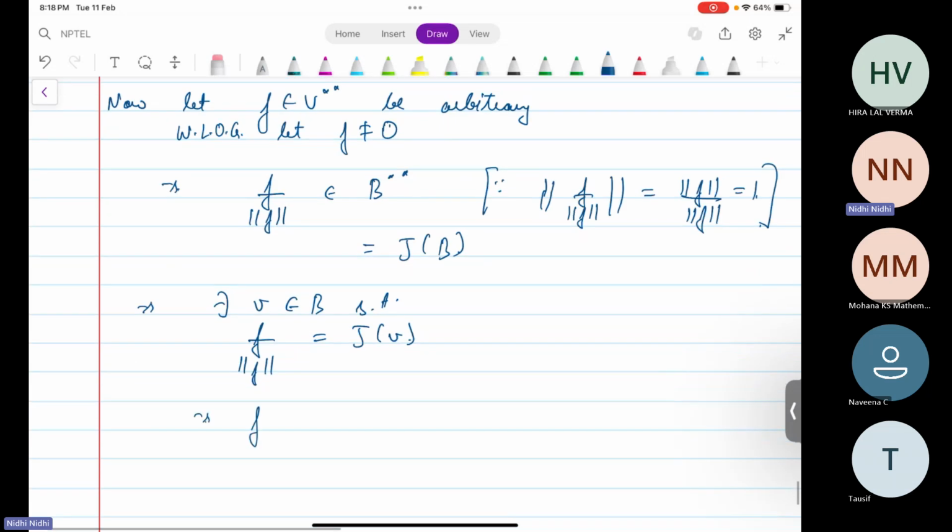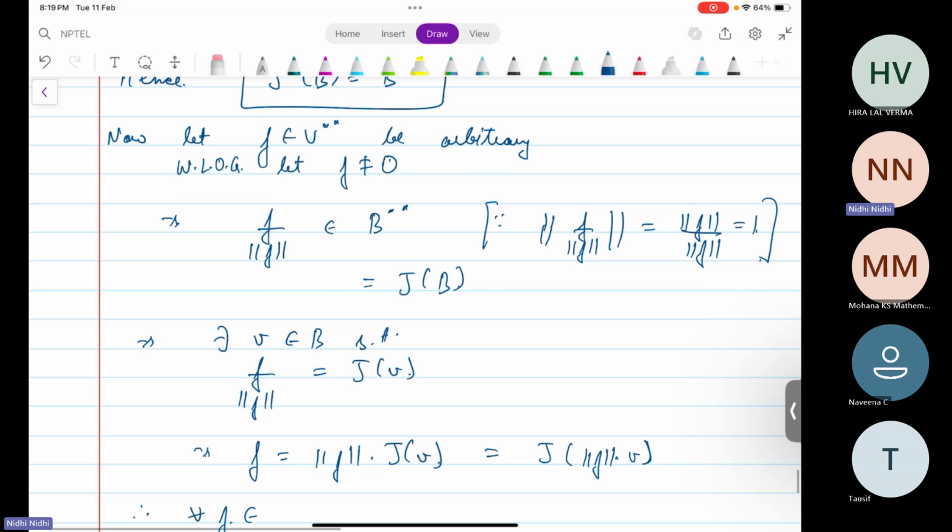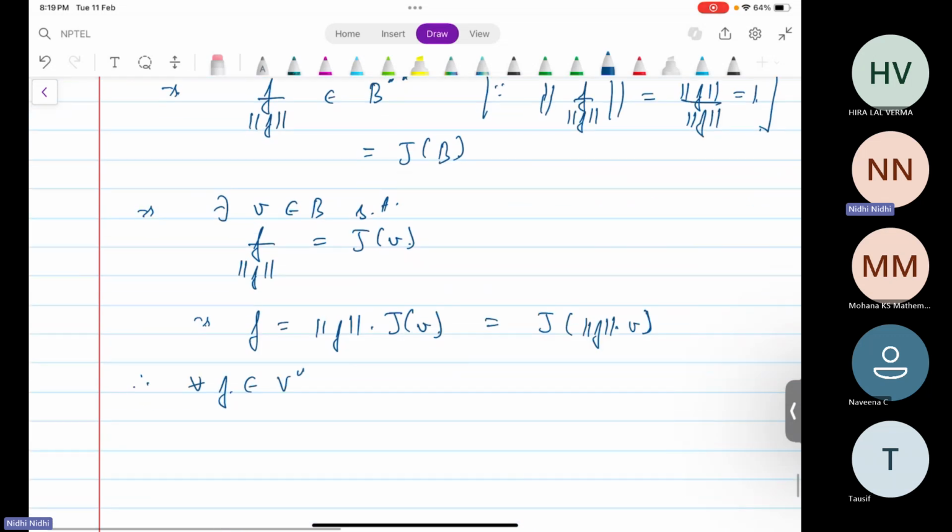This implies F is equal to norm F times JV. Now since norm F is just a scalar, I can take it inside. This is equal to J of norm F times V. Therefore, for every F in V star star, we can find some vector u of the form norm F times V such that F is equal to J of u.